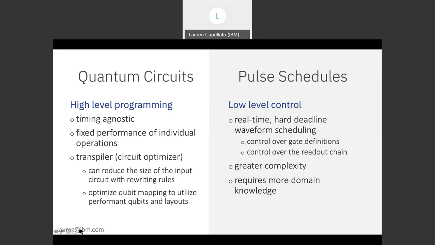So if we want to improve the performance of an individual gate, potentially through pulse waveform shaping, that is possible at this level. We also get lower level data through the readout chain, and that means that we can mitigate readout errors as well. Of course, this comes at a cost, and that is greater complexity, and it really requires much more user know-how at this level.